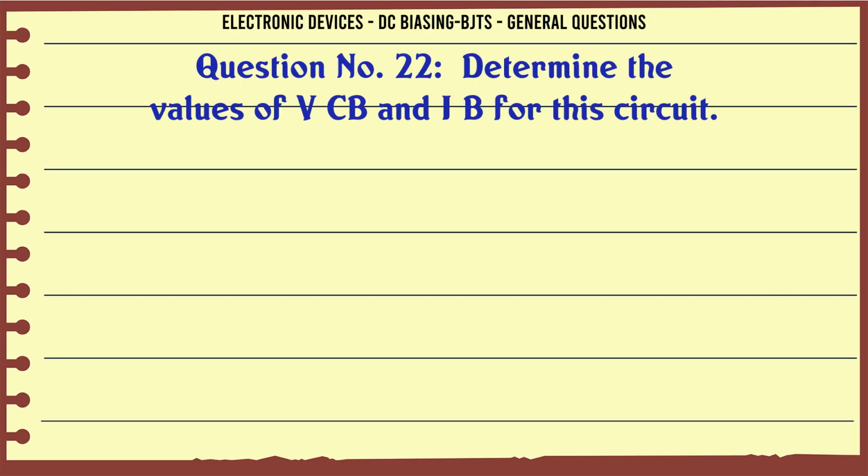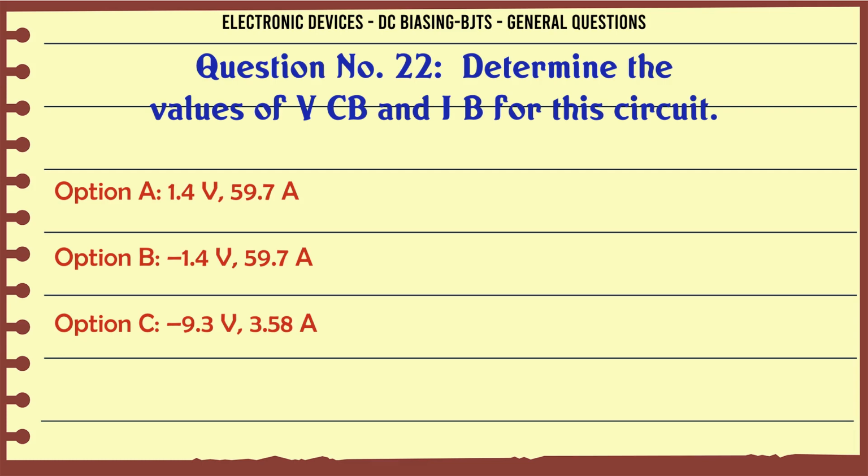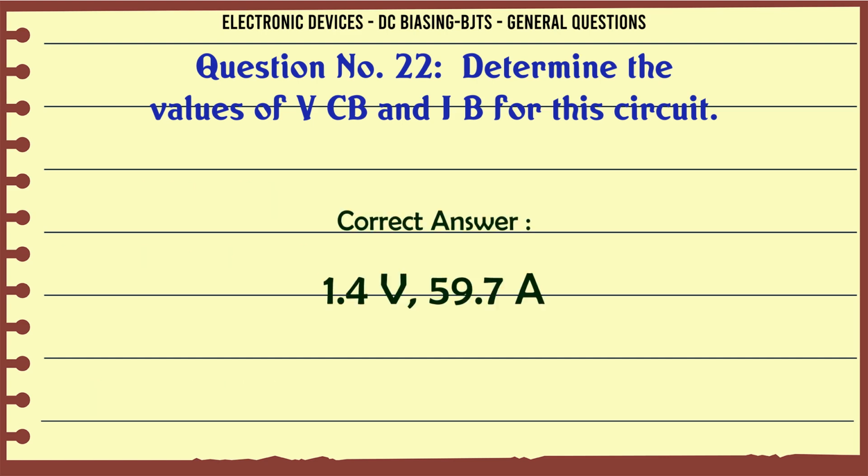Determine the values of VCB and IB for this circuit. A 1.4 V, 59.7 µA, B 1.4 V, 59.7 mA, C 9.3 V, 3.58 µA, D 9.3 V, 3.58 mA. The correct answer is 1.4 V, 59.7 µA.